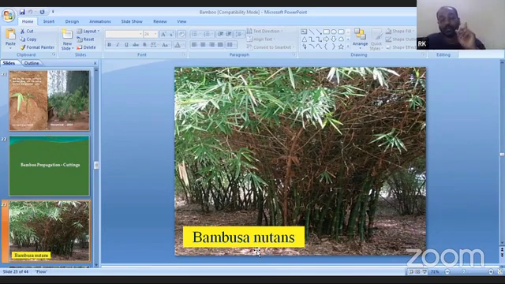Keep that in mind, one point. When we select the bamboo mother plant, more number of clumps means more number of sticks, minimum 100, maximum 250. So our bamboo plantation also clumps like that.